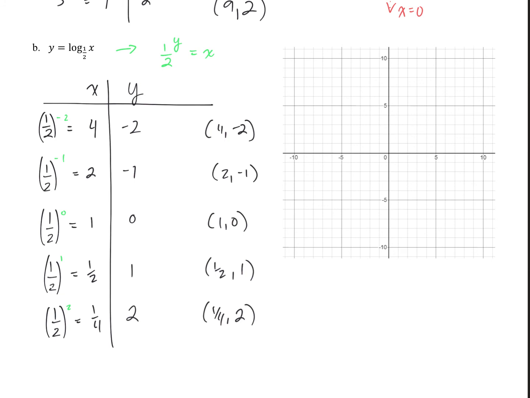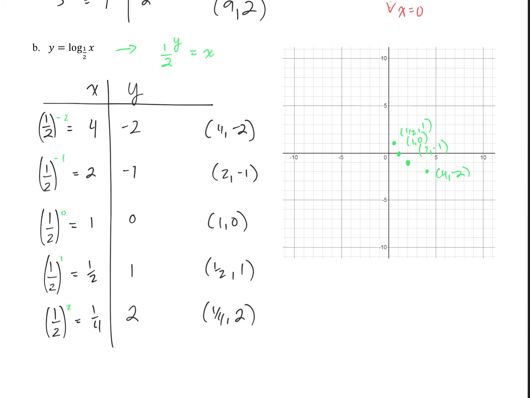So we have 4, -2. We have 2, -1. Then we have 1, 0. 1/2, 1.